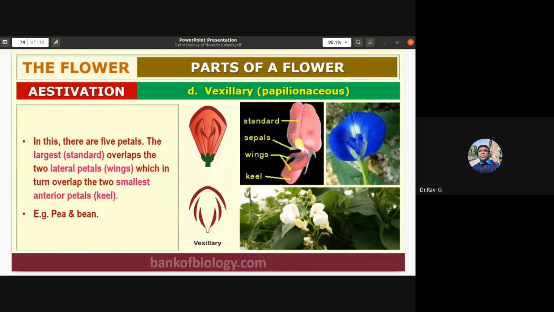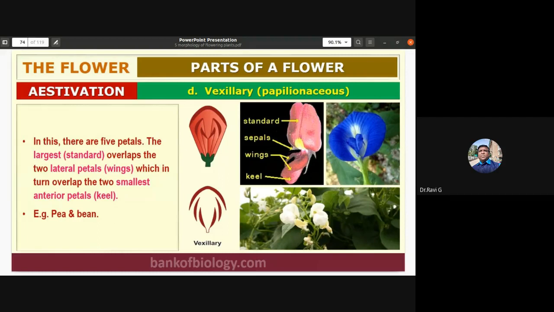I was telling you about the quinquential estivation. This quinquential estivation is noticed in the sepals of sweet potato. In the sepals of the sweet potato plant, you can notice this quinquential estivation.